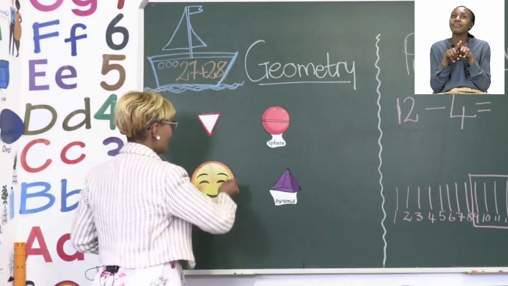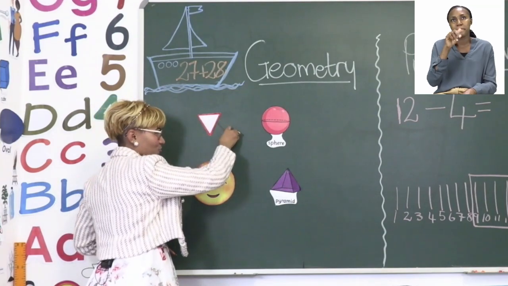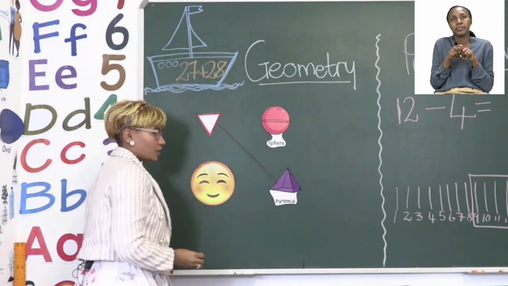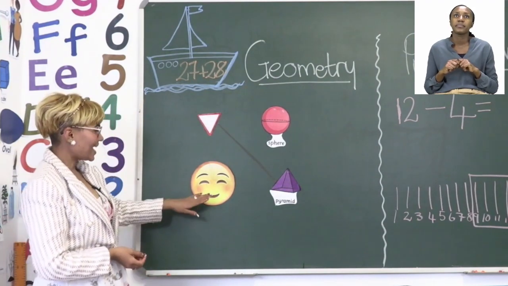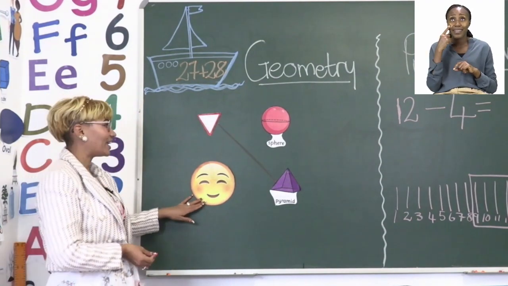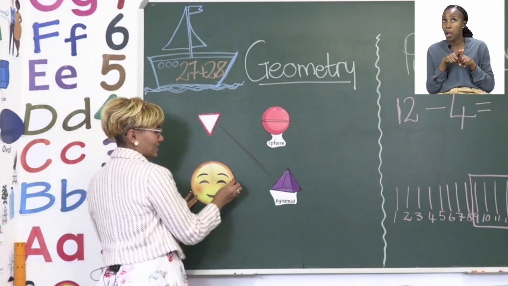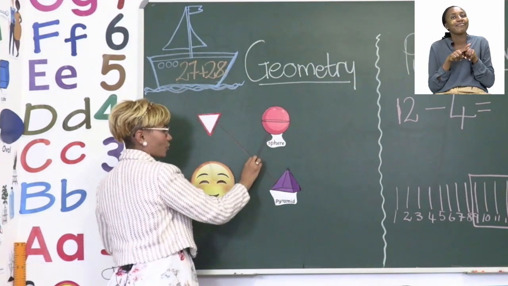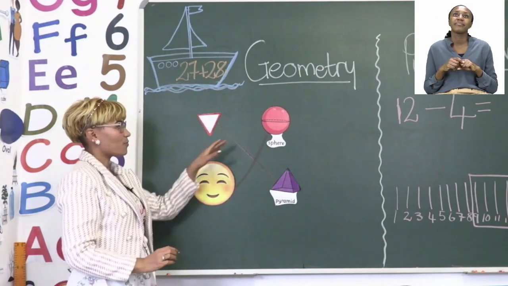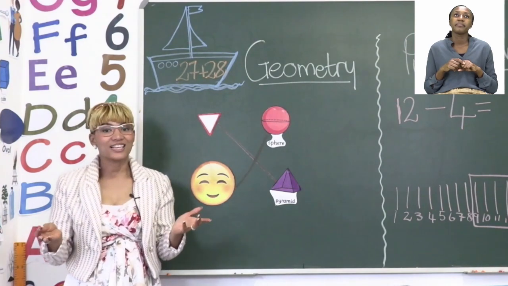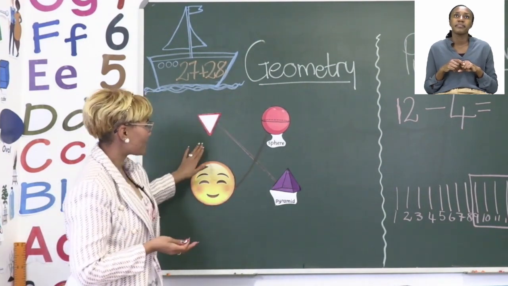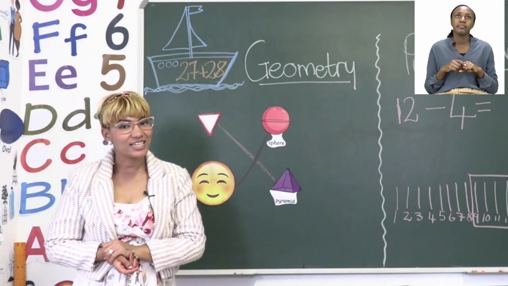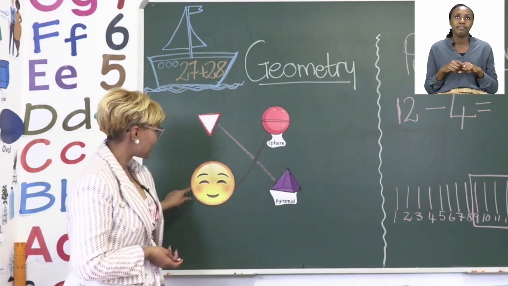So you need to go ahead and match these items with their 3D shapes. And if we look at this round face, it will resemble the sphere. So we join the face with the sphere, as it is a round shape which resembles the sphere, which is the 3D version of a circle.